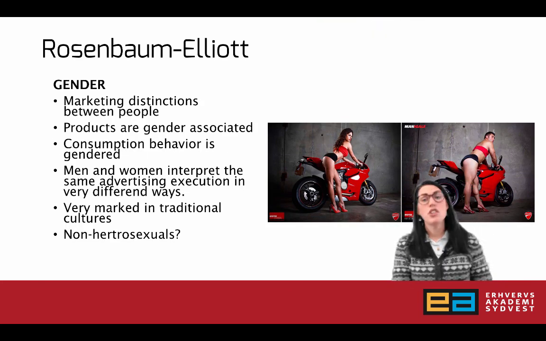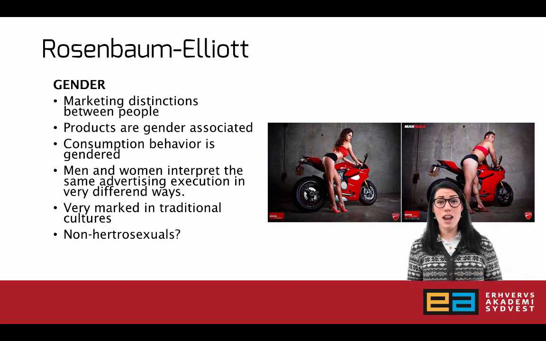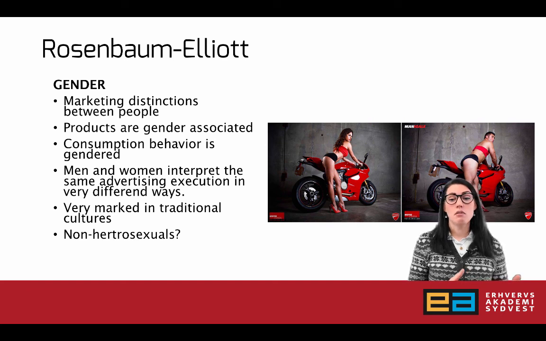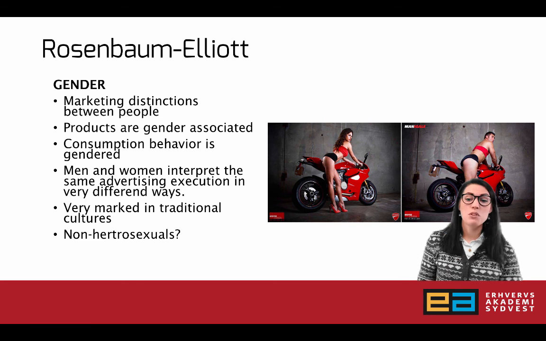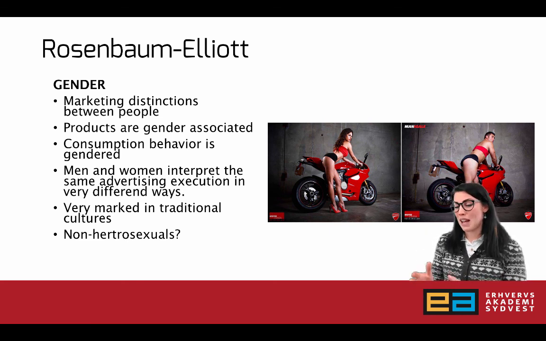So here we have gender, and gender is also a part of the way that we understand the world. For instance, in this example here where we have a woman and a motorcycle, this works a little bit better than with the man.